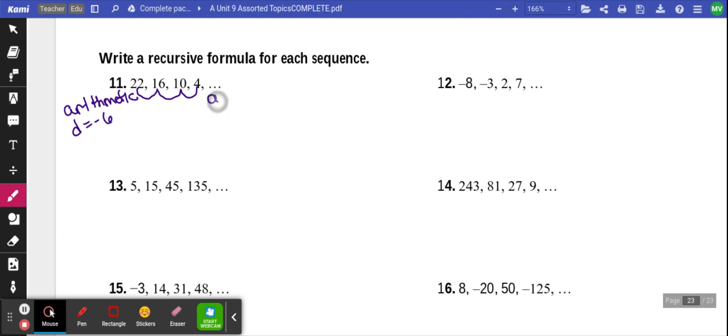So a sub 1 equals 22, because that's the first term. So we're going to do a sub n equals a sub n minus 1 minus 6. A sub 1 equals 22. And our domain is n is greater than or equal to 2.